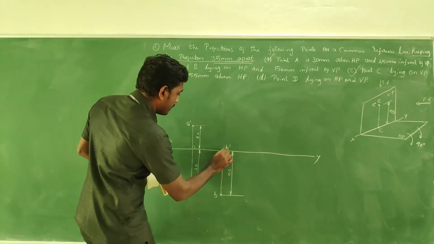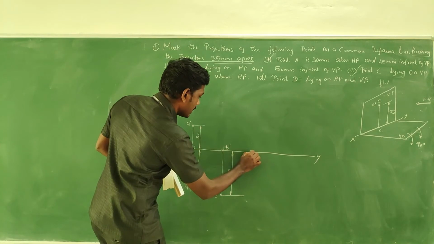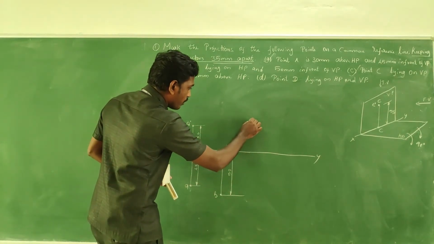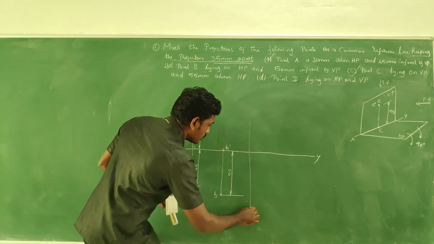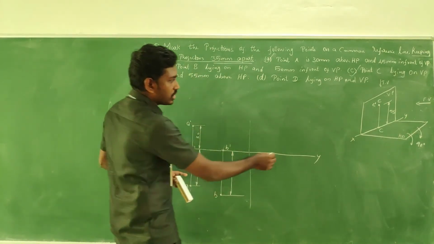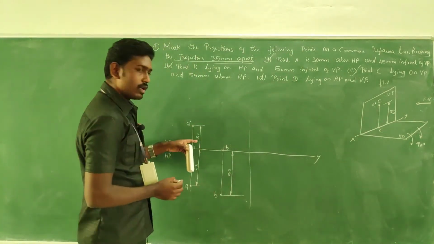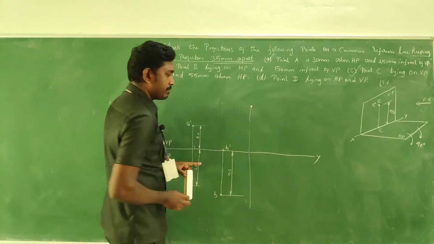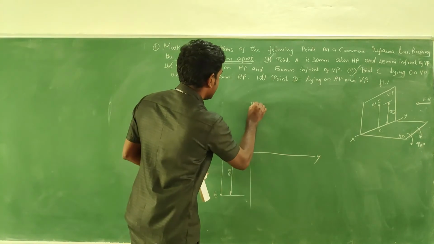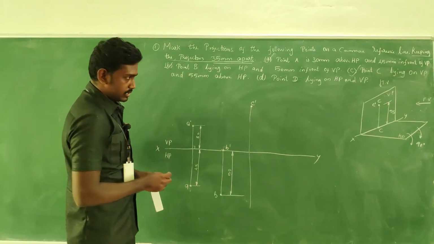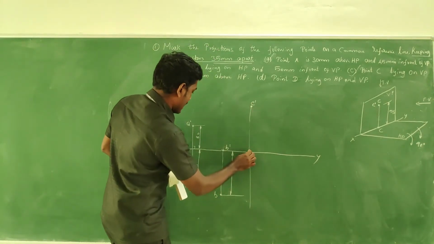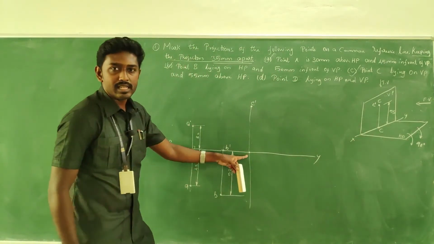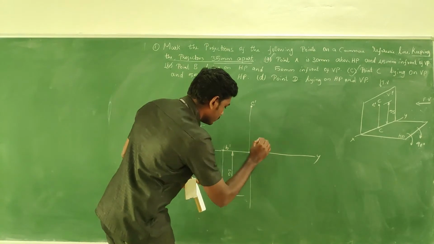So from point B dash, take 35 mm and make a marking, go for a projector perpendicular to XY and measure 55 mm. Somewhere here you get the point C dash, and on the reference line XY you get the small c, which is the top view.